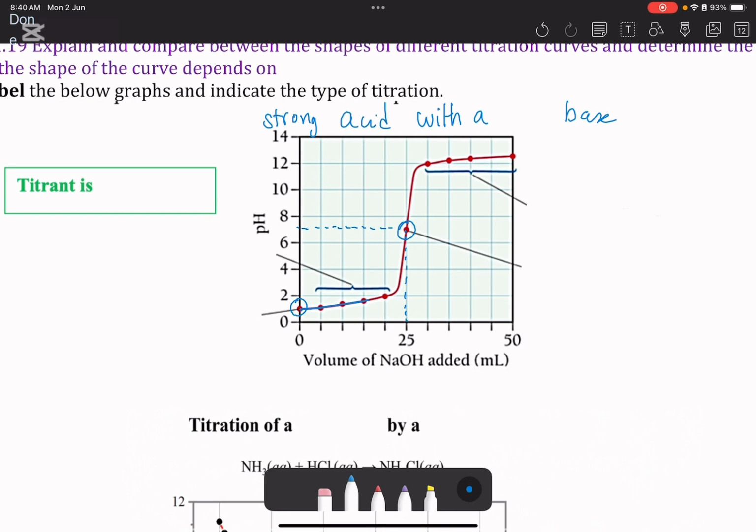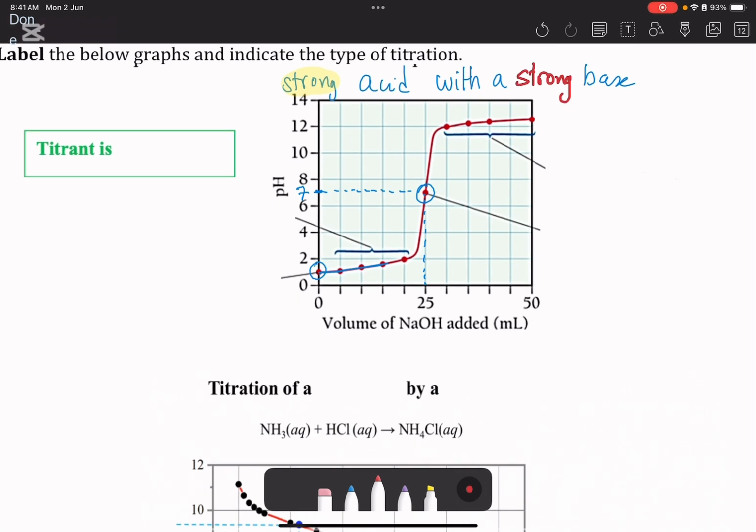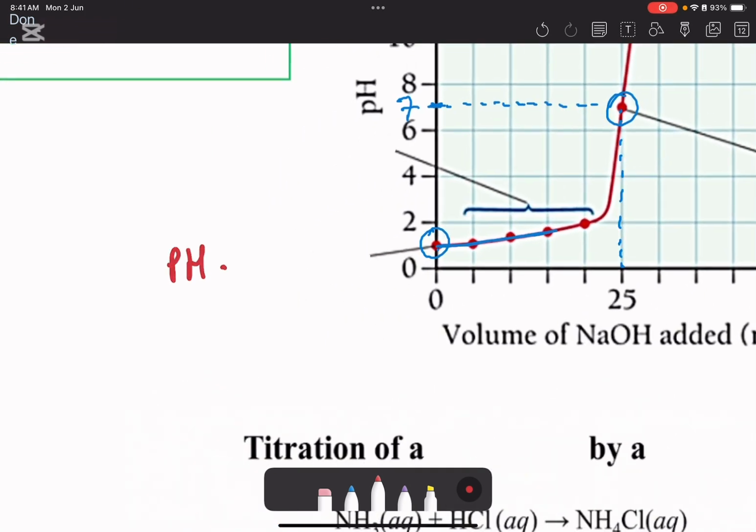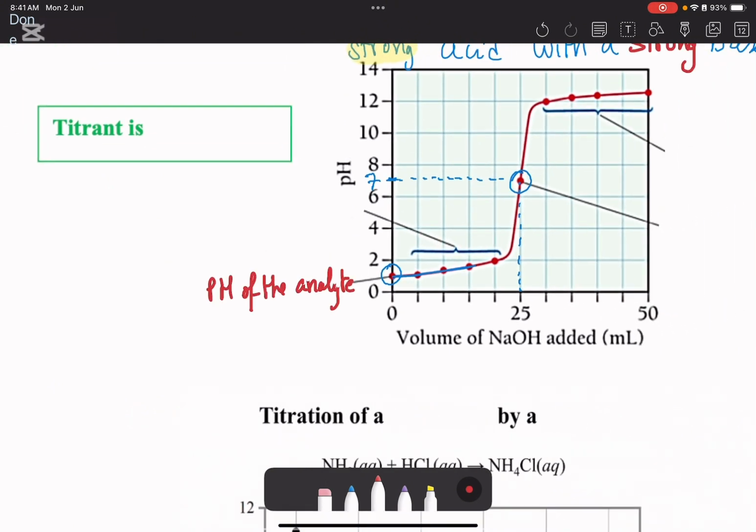When the pH at the equivalence point is equal to 7, then I'll know that I have a titration of a strong acid with a strong base. Now, let's start. Here I can label this as the pH of the analyte at the beginning of the titration. We did not yet add the titrant. Okay?